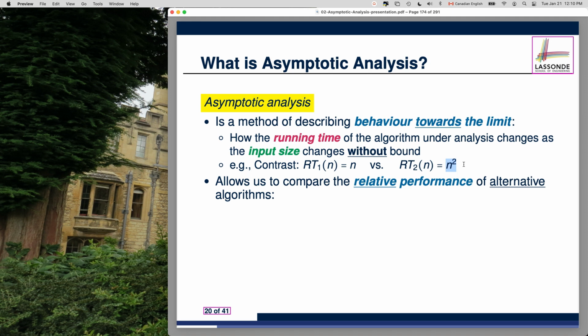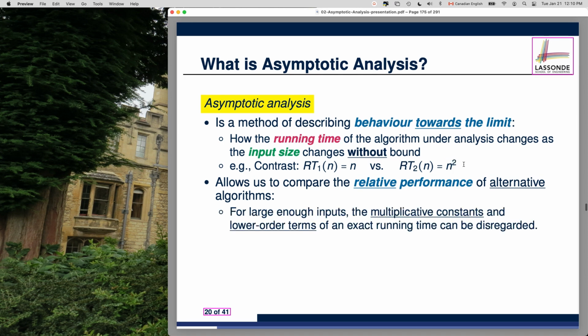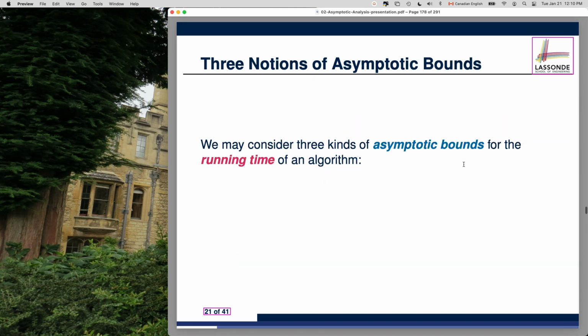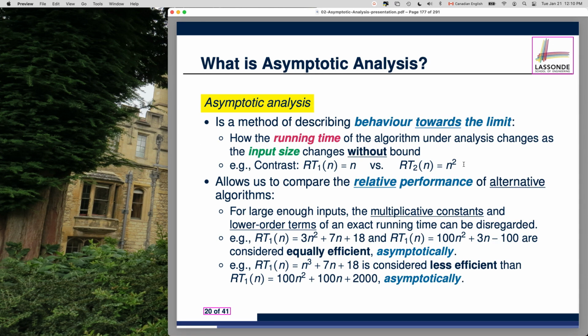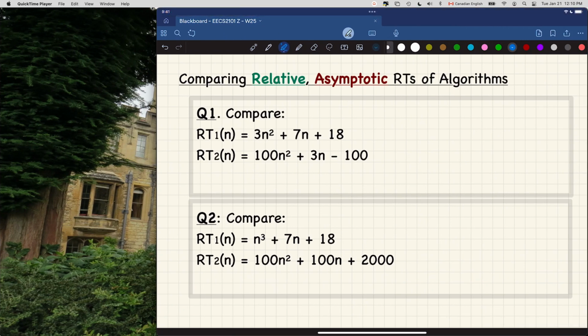All right, so let's now do some very quick exercises. We want to be very familiar with the terminology about asymptotically. Let's say for the first one, we've got some running time here, and we've got some running time over here. And we know how to approximate, right?